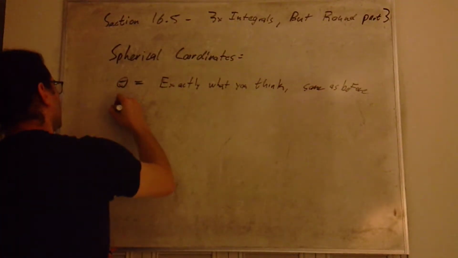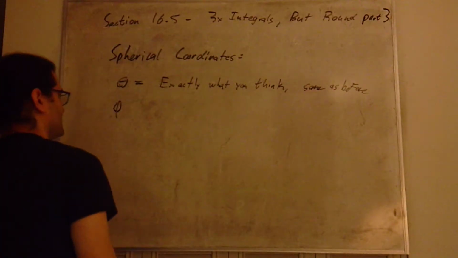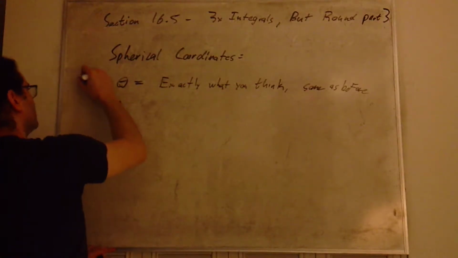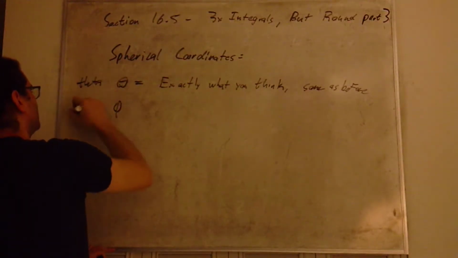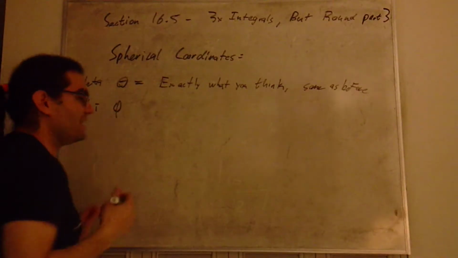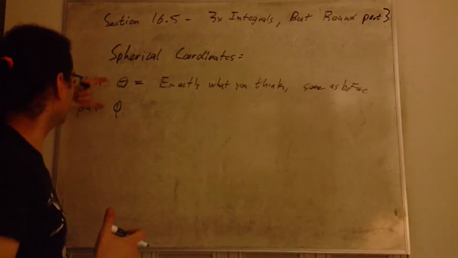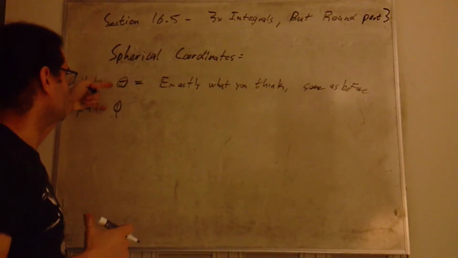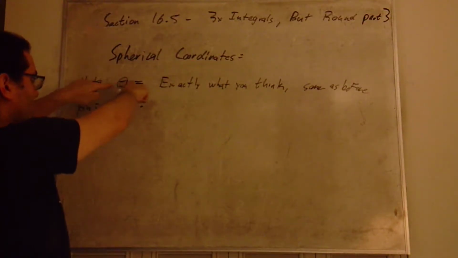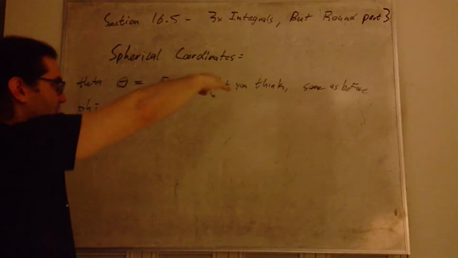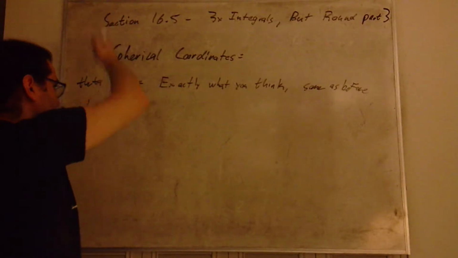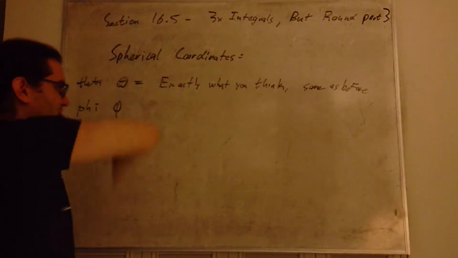Phi looks like this. And I actually love these as representations. Theta is the flat angle. It has the line going through it. Phi is the vertical angle. It has the line going vertically.